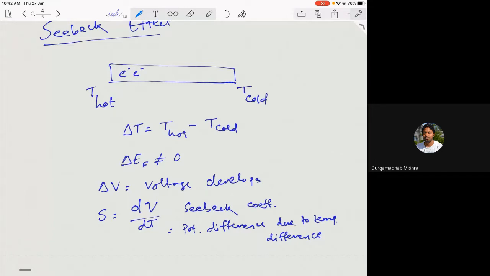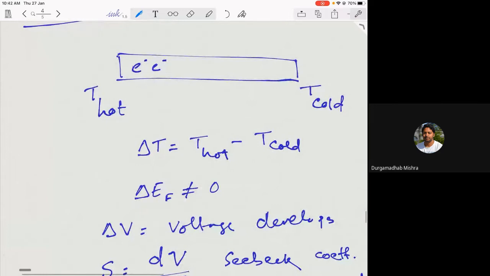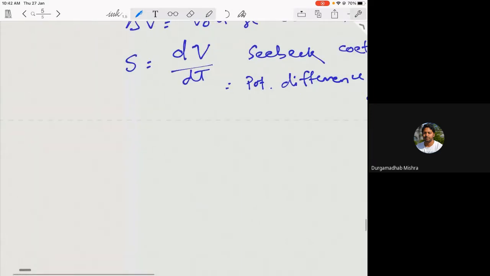So if I take the material and look at the Fermi level, there will be a gradient in the Fermi level.